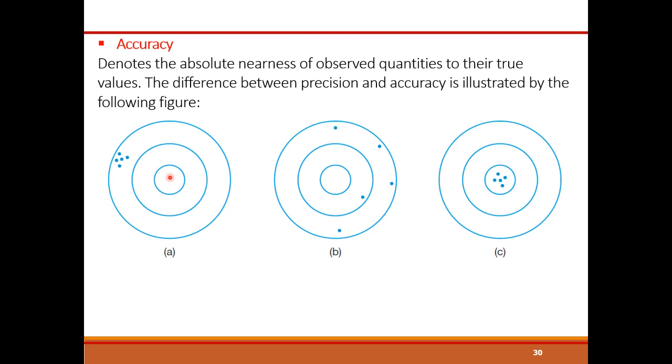These are the true values which lie in the central circle. Similarly, the middle circle and similarly the outer circle. All these values are in the outer circle, but all the values are very close to each other. What does it mean? I will discuss later.